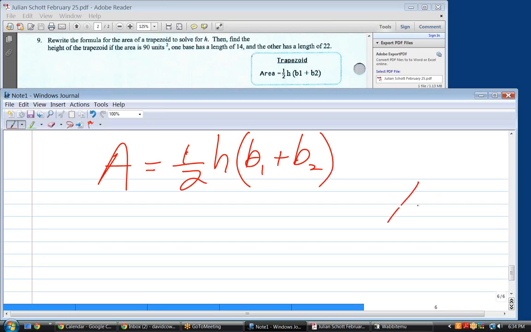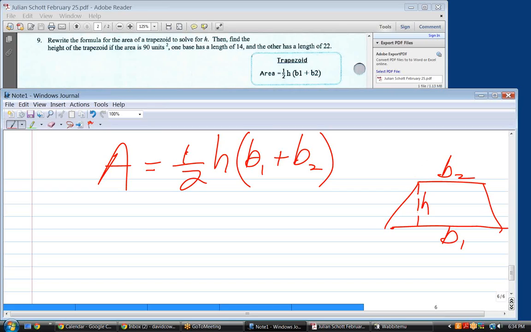Remember, a trapezoid looks like this, where this is one base and this is the second base. And this is the vertical height they're talking about, incidentally.